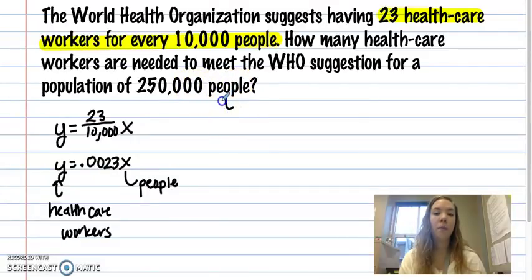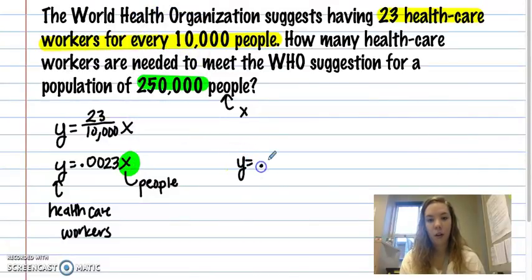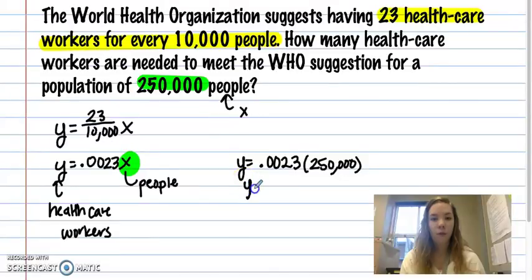Now, we just talked about how people stands for X, so we have to plug this in for X. So right now we would have 23 10,000ths times 250,000. So let's do that. We get 575 healthcare workers.